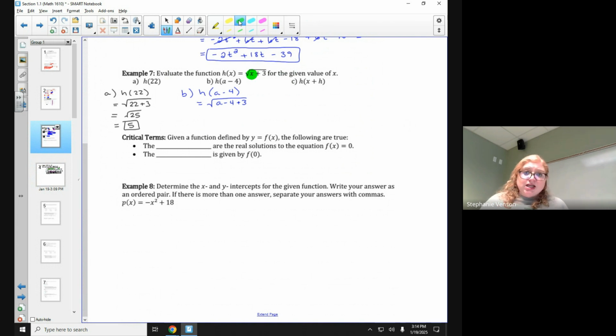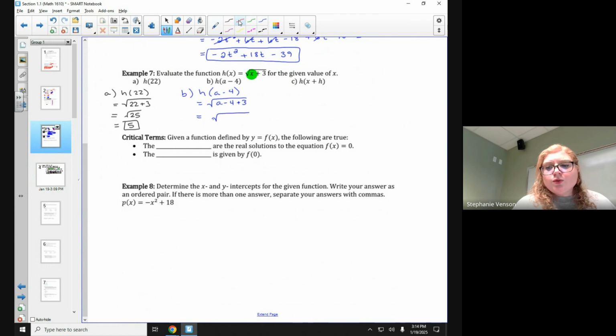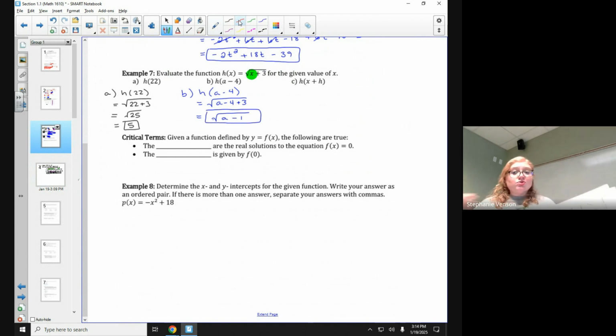In this case, it's a minus 4. To finish, I'll just combine like terms. So -4 plus 3 is -1. So this is square root of a minus 1. And that is as simple as it gets. So that's your answer.